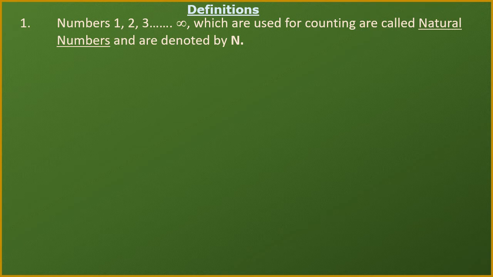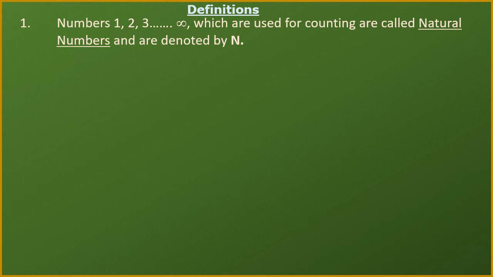Now first of all we will see the definitions. Already some definitions I have covered, but I am taking all the definitions from the beginning. So the first definition in front of you is of natural number. Natural numbers, as I told you earlier, are used for counting. Last time I gave the example of the number of students of the class.